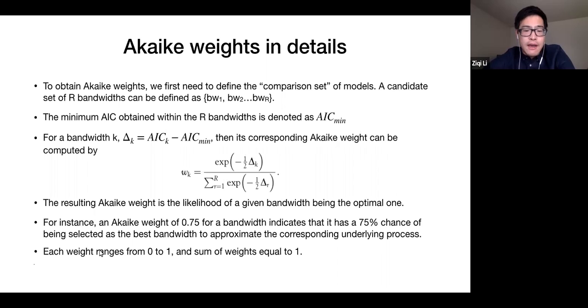The resulting Akaike weight is the likelihood of a given bandwidth being the optimal one. It has a very nice interpretation: an Akaike weight of 0.75 for a bandwidth indicates that it has a 75% probability of being the best bandwidth to approximate the underlying spatial process. Each Akaike weight ranges from 0 to 1, and the sum of the weights equals 1. These are very nice statistical properties that we can use.